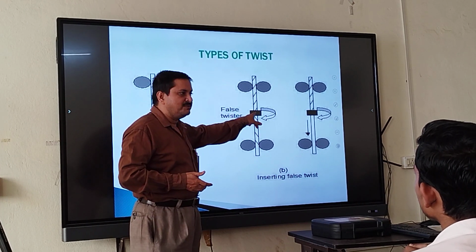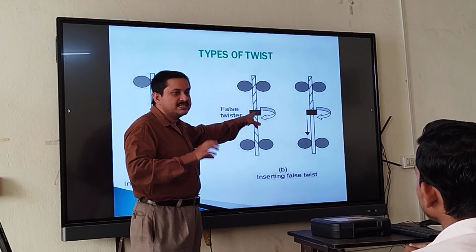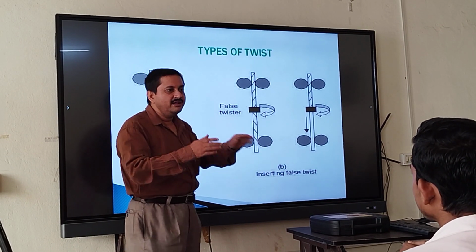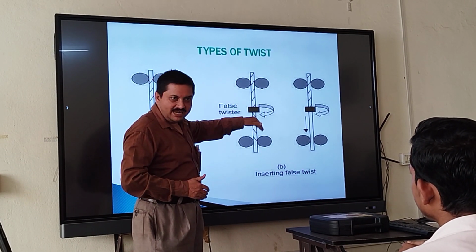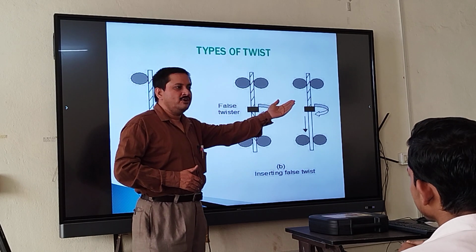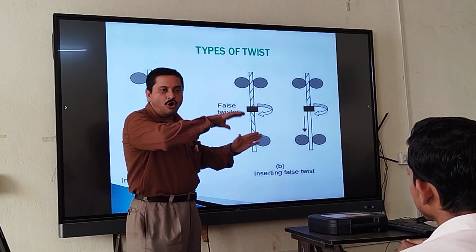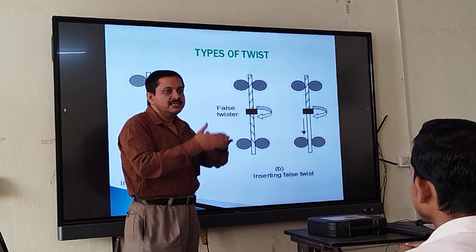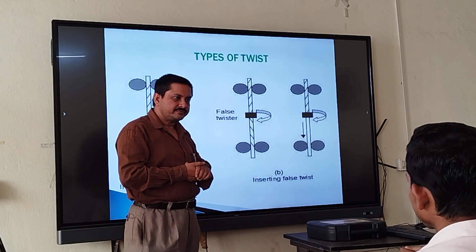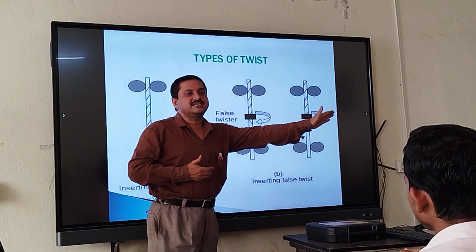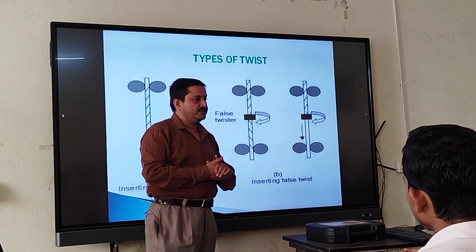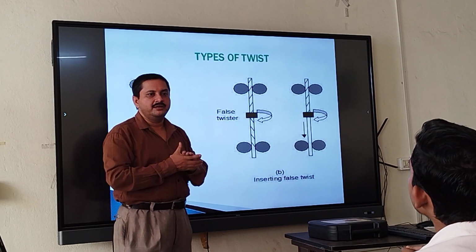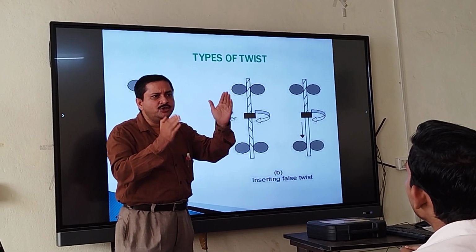Here the twisting object is giving twist at the middle. What will happen? From one side, one direction of twist, and on the other side, the opposite direction of twist is propagated. Clear?